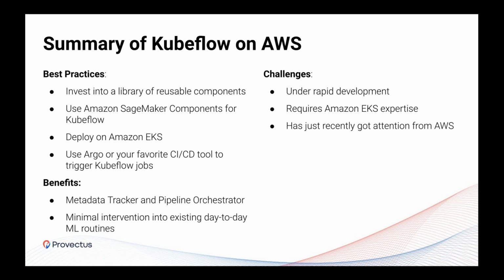Moving your metadata from one version to another is painful. So you will basically need a dedicated half-time, part-time or full-time DevOps engineer to take care of it. And it just recently got attention from AWS, at least in public, so I believe we will see more and more contributions from AWS.